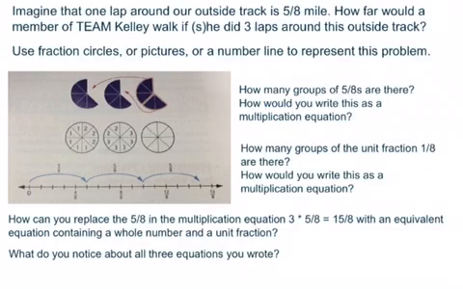And how could you replace the 5/8 in the multiplication 3 times 5/8 equals 15/8 with an equivalent equation containing a whole number and a unit fraction? And then after you do all that work, I want you to think about, so what do you notice about all 3 equations that you wrote? So there's a bit for you to do here. Go ahead and do it. This shouldn't take you long. When you get all of it done, come back and check it out.